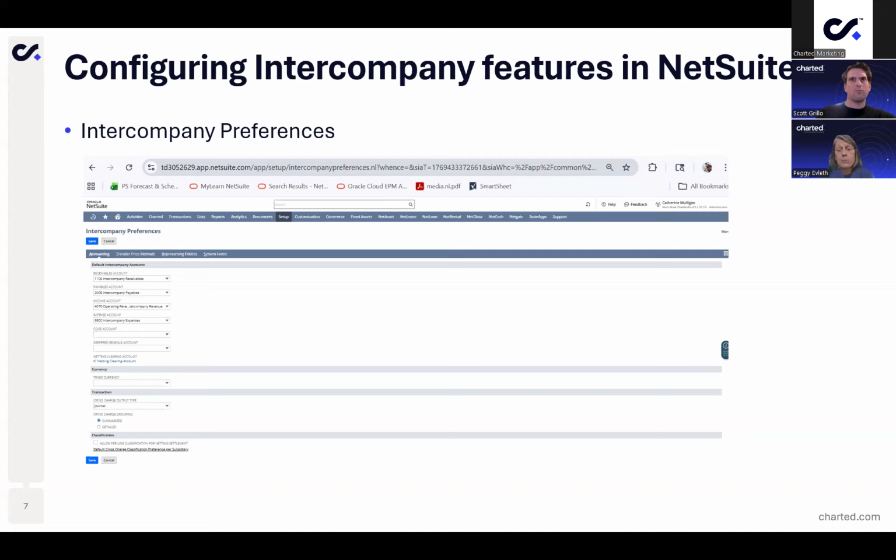Now, if it's in the same currency, it's not so important. If it's in a different currency, when you settle those, you'll have the realized gain and loss that will get booked. Additionally, it permits you to track your open AP and open AR on your aging so that you can see if your AP and AR due to due froms are starting to get a little long in the tooth.